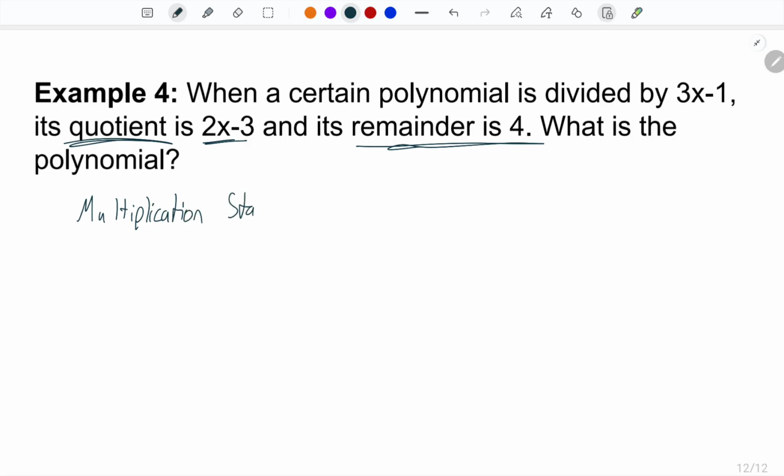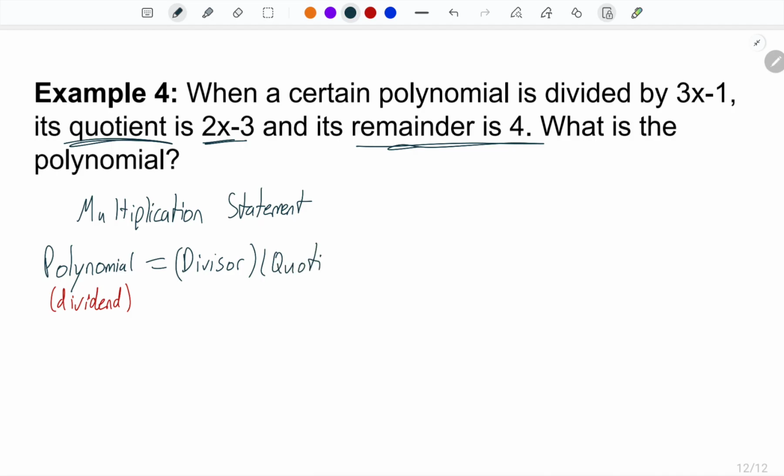So the multiplication statement basically says that our polynomial, or the dividend we can call it, that's the thing we're starting with, is going to be the divisor, what we're dividing by, times the quotient, the answer, plus whatever remainder we have as well too.